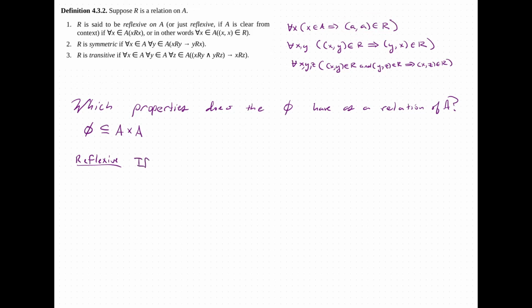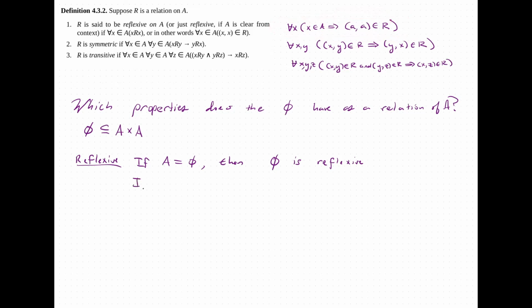So if A is equal to the empty set, then the empty set is reflexive. There are no elements to choose from in A. And so now this becomes, we say, vacuously true.